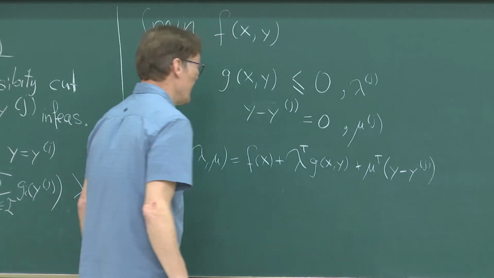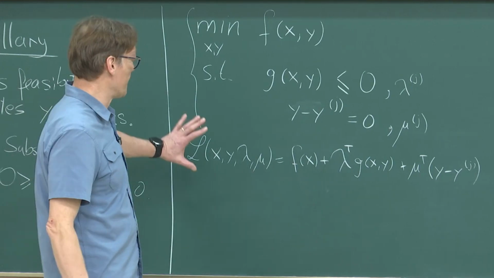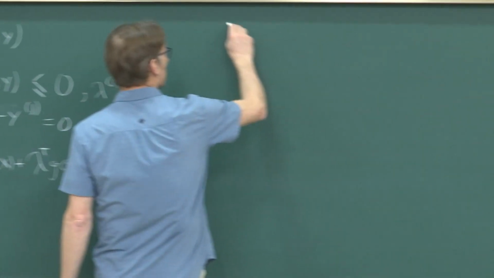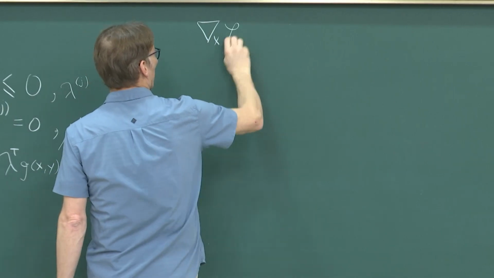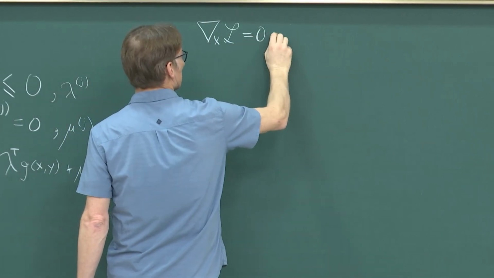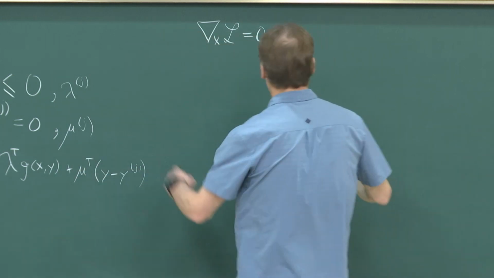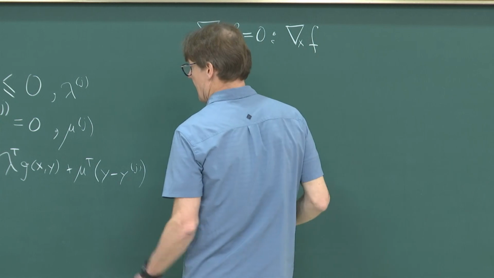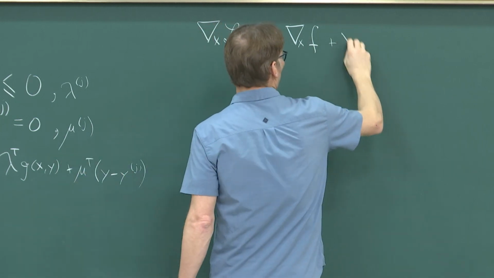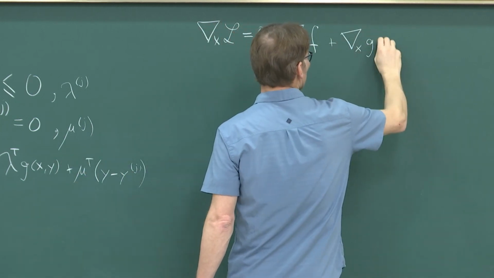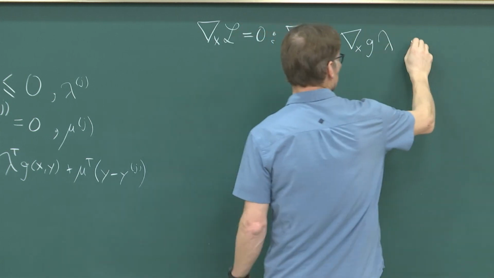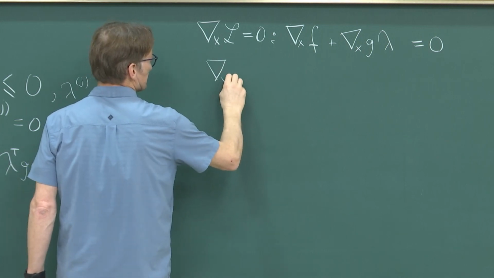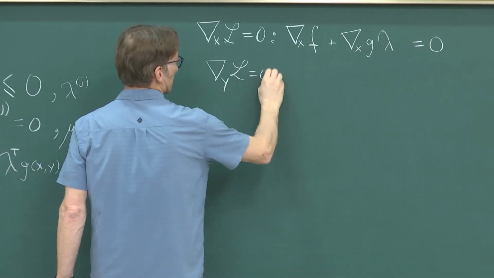And so the first order conditions for this problem in now x and y, we'll do those separately, is that the Lagrangian with respect to x vanishes, which gives us the gradient with respect to x of f plus the gradient with respect to x of g times lambda is equal to 0. And then I have a second gradient condition for the second set of variables, which are the y's.